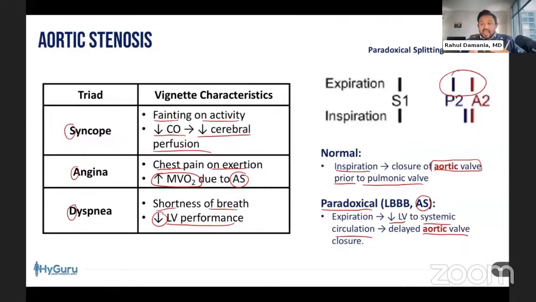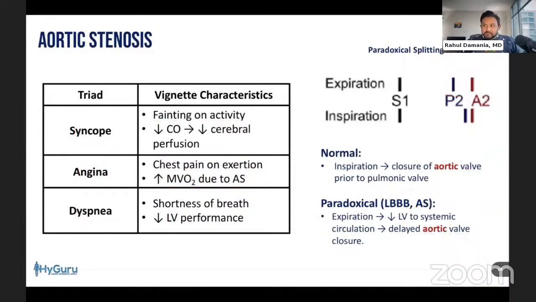Aortic stenosis, hey, you are not going to have LV go into the aorta. A left bundle branch block, again, the electrical activity is going to be impaired. So the mechanical activity of the left ventricle is also going to get impaired, and thus you can't pump forward. So recall that paradoxical S2 is going to be in aortic stenosis.